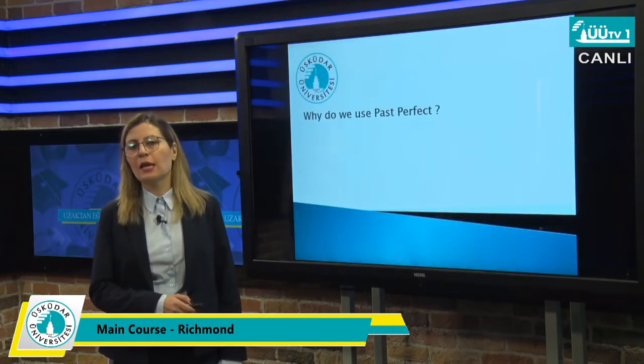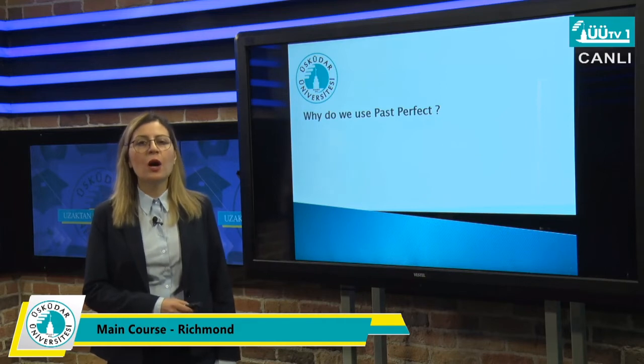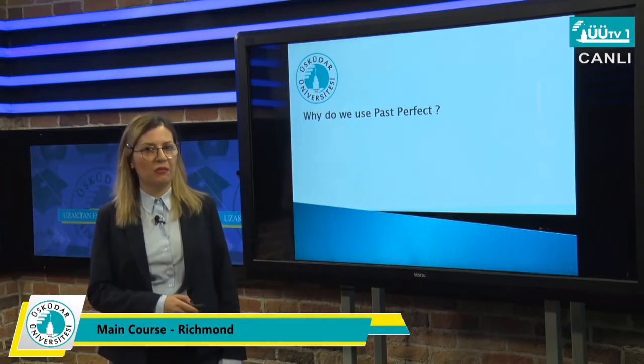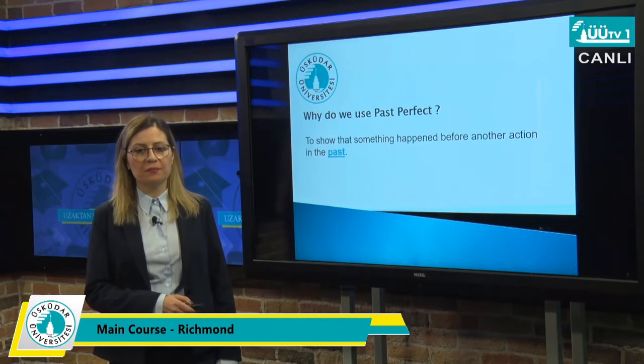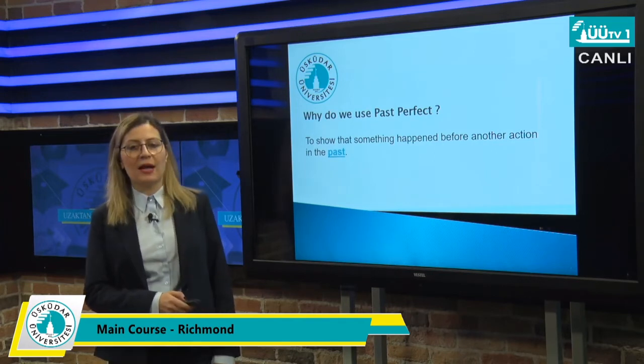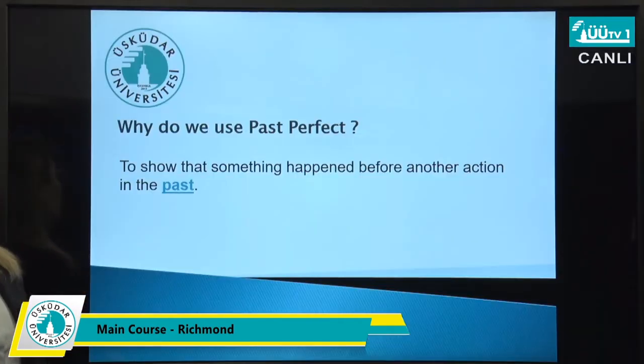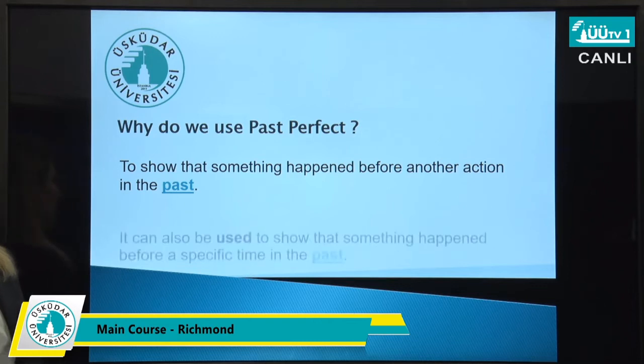First of all, let's talk about why we use past perfect. First, to show that something happened before another action in the past. Again, we are going to talk about past.